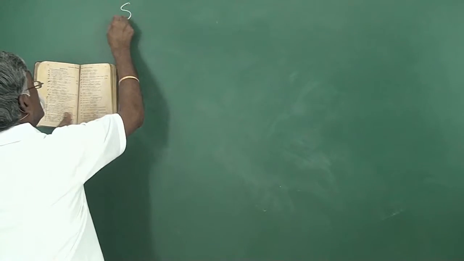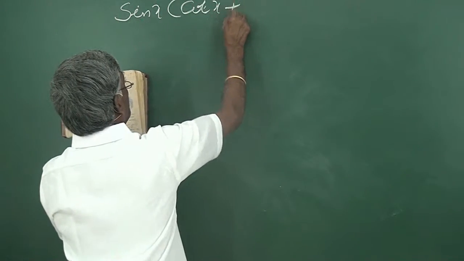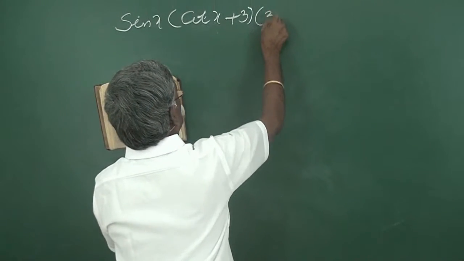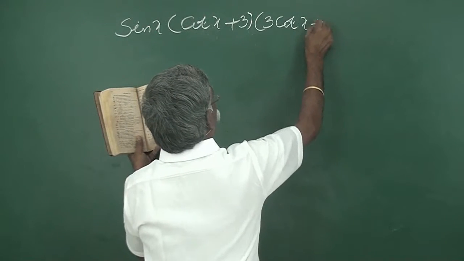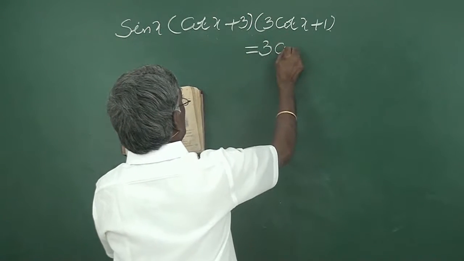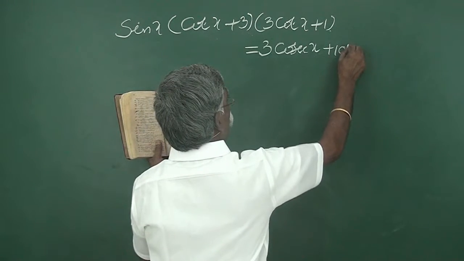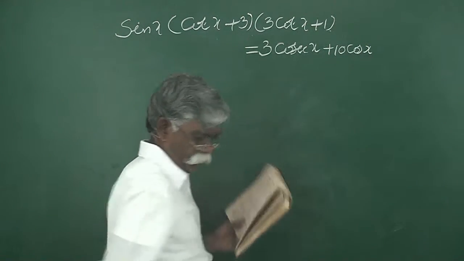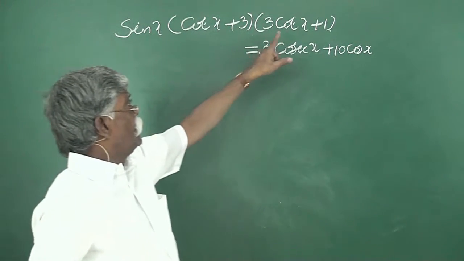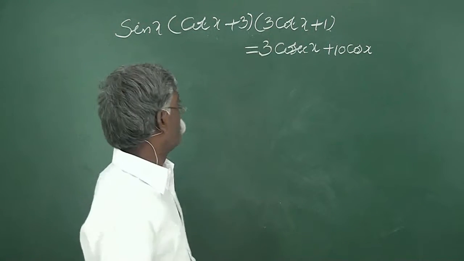Next problem: sin x into cot x plus 3 into 3 cot x plus 1 is equal to 3 cosecant x plus 10 cos x.